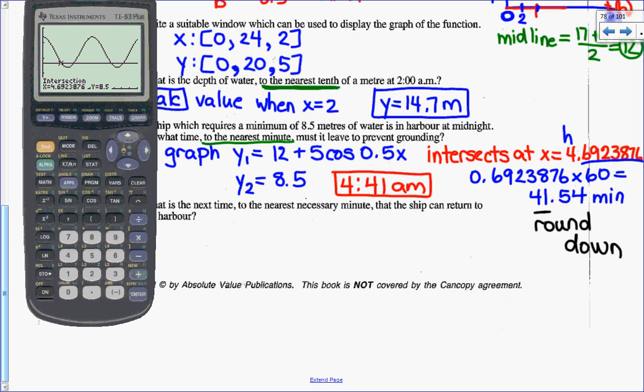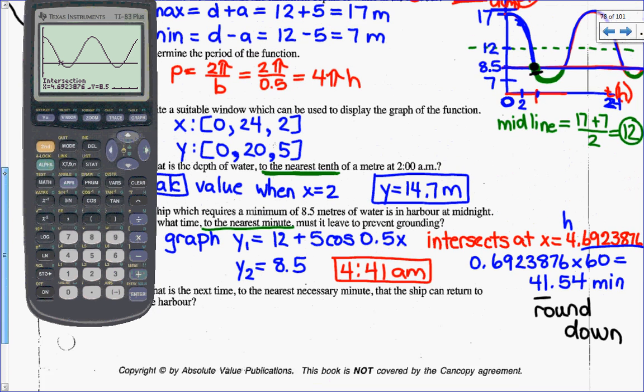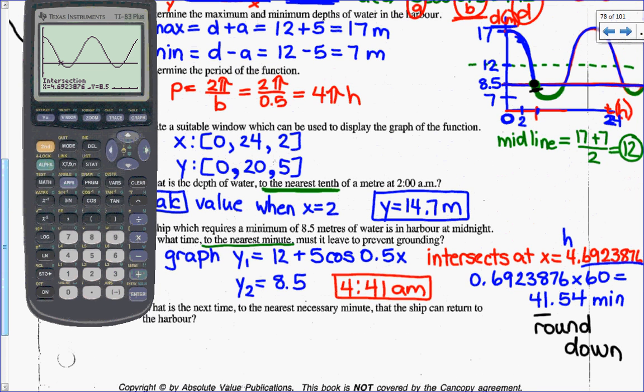Then the question says, what's the next time to the nearest necessary minute that the ship can return to the harbor? Well, looking at our sketch again, remember the ship is grounded here, the water level is less than 8.5 meters, and so the ship can't be in the harbor here. But the ship could safely return here, because then the water level will be greater than 8.5 meters, right?